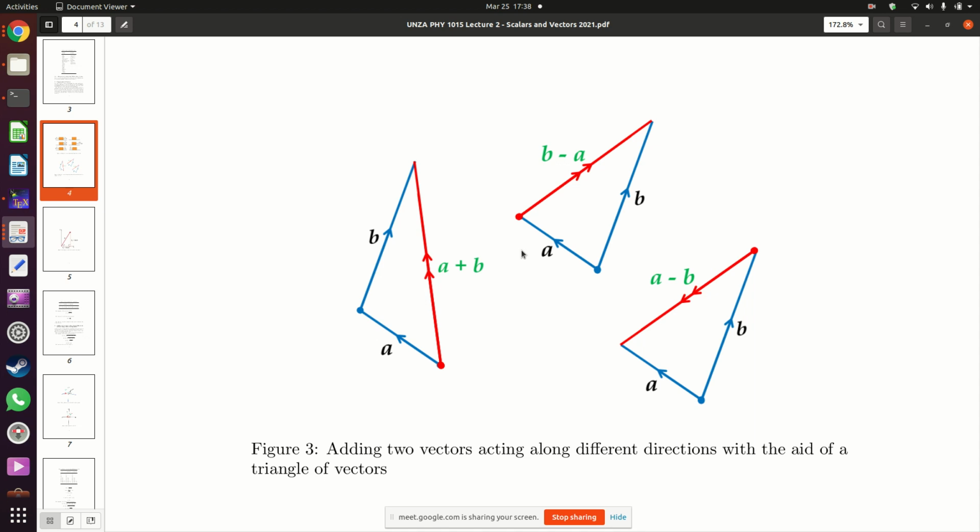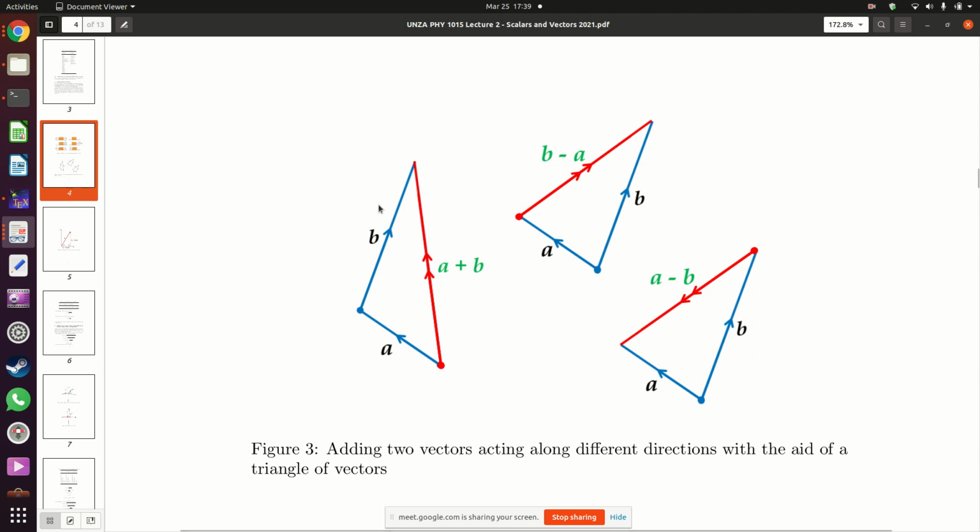because you need to be precise and all the vectors need to be drawn according to scale, and that might be a challenge depending on the size of the vector, where it's pointing, and how much graph paper you have. So we need to look for another method of carrying out this operation a plus b, or a minus b, or b minus c, or b minus a.